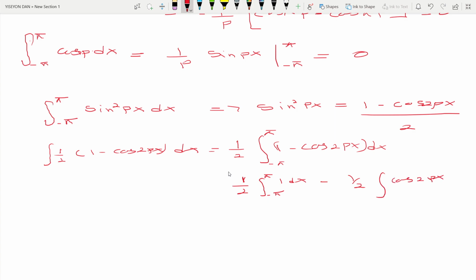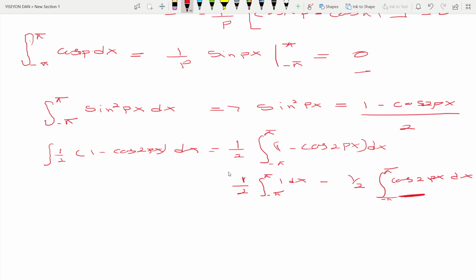Don't forget that the answer for this one is already 0, because we've solved the integral of cos px before. Because we are multiplying it by 2 doesn't mean it will have a different answer. Even if we multiply it by 3, the answer is still going to be 0.